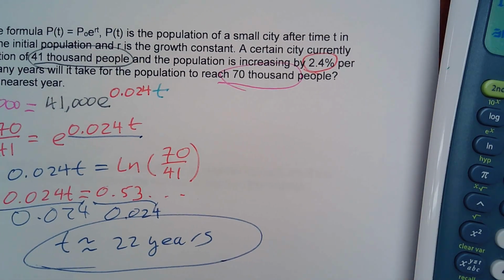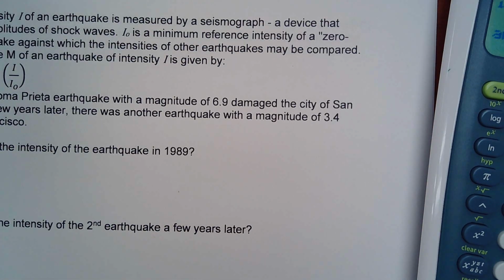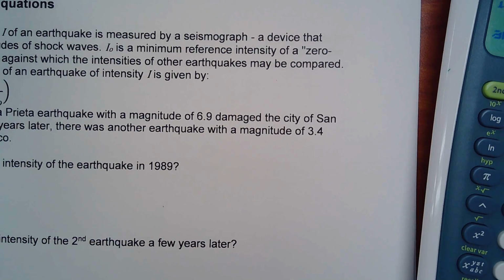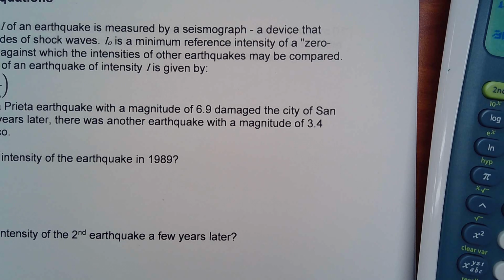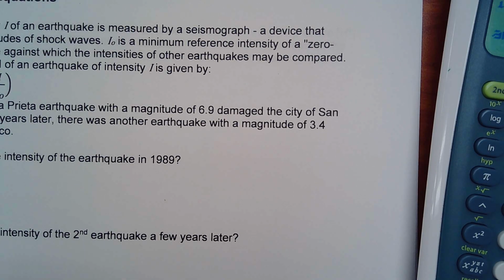Okay, let's go ahead and turn the page and take a look at number 13. The intensity I of an earthquake is measured on a seismograph, a device that measures amplitudes of shock waves. I sub 0 is a minimum reference intensity of a zero-level earthquake against which intensities of other earthquakes may be compared.